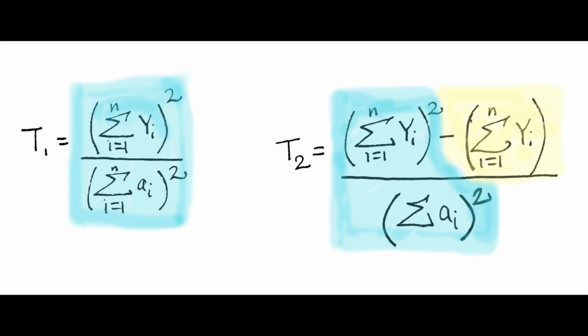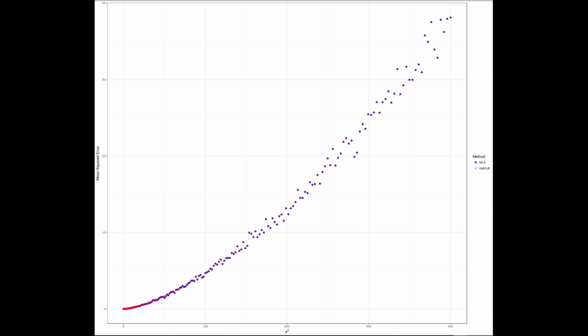And so after she ran her simulation, she did it for small n and large n because, as we said, n looks like it could possibly affect how our estimators behave. And so when n, the number of forests, is 3, she got the following mean squared error versus theta squared plot.